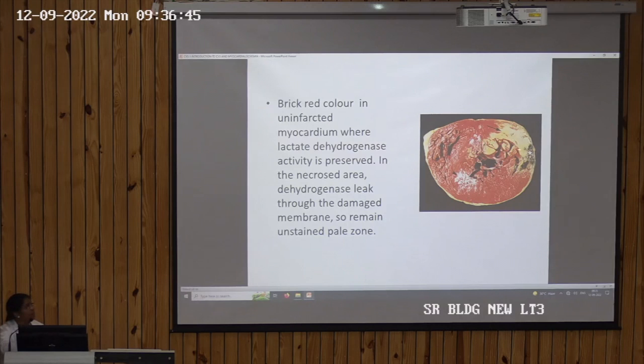So there is no enzyme activity and it appears as a pale area.